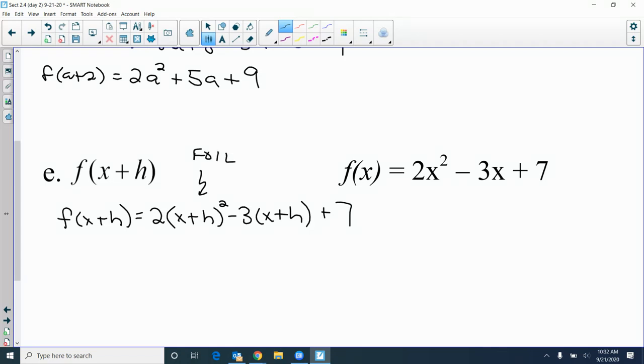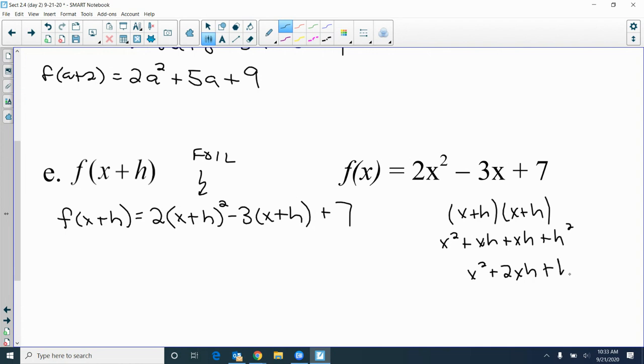I'm just going to do this one on the side just to make sure we're good with it. X plus h times x plus h. And when I FOIL, I get x squared, x times h is plus xh, h times x, I can just reverse the order and put plus xh, and then plus h squared. So x squared plus 2xh plus h squared. That's just the FOIL part.